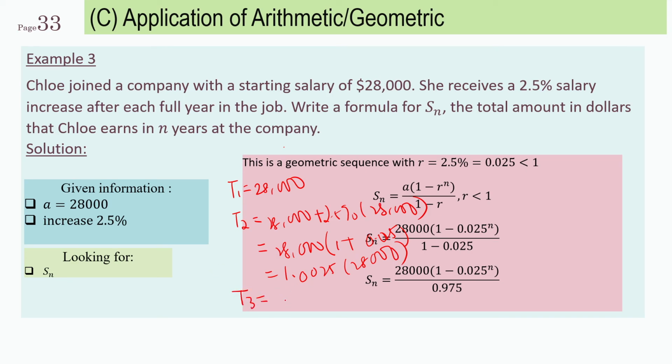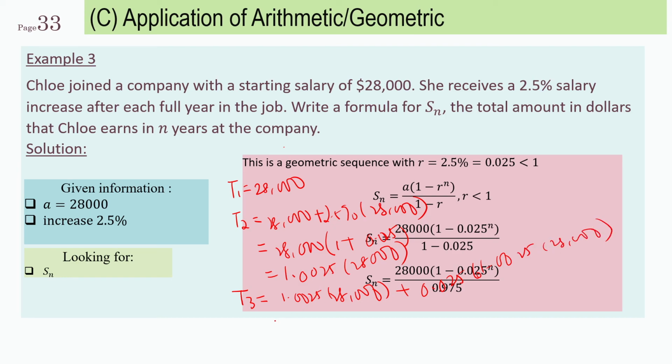T3 is this year, the money of your second year, 1.025 times 28,000, plus 0.025 of the 1.025 times 28,000.